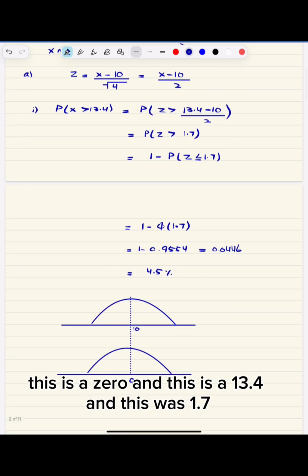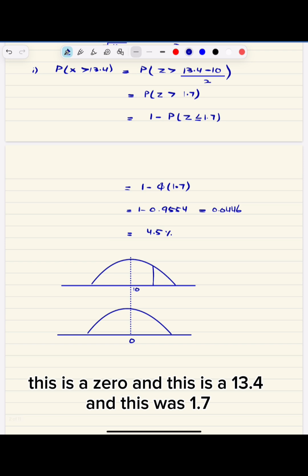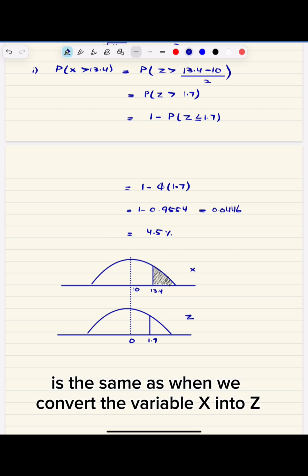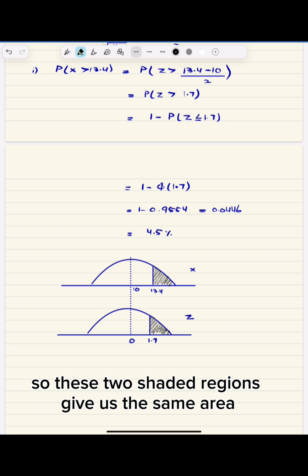This is a 0 and this is a 13.4 and this was 1.7. So the shaded region for the z variable is the same as when we convert the variable x into z. So these two shaded regions give us the same area.